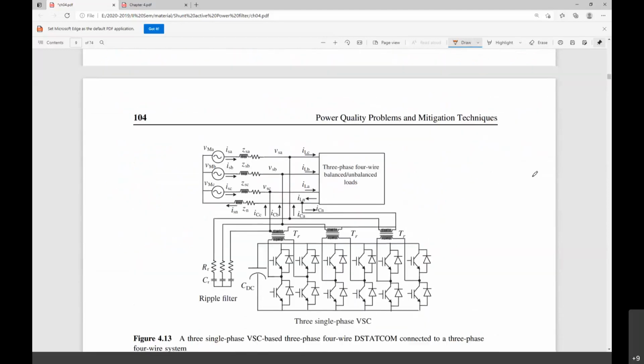Here there is an isolation transformer connected, providing isolation between the power circuit, the distribution circuit, and the inverter circuit. The fourth leg is connected to this transformer.